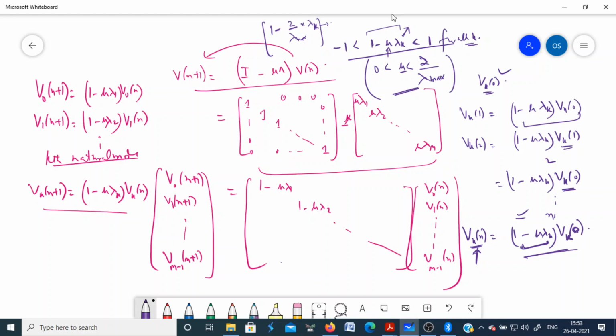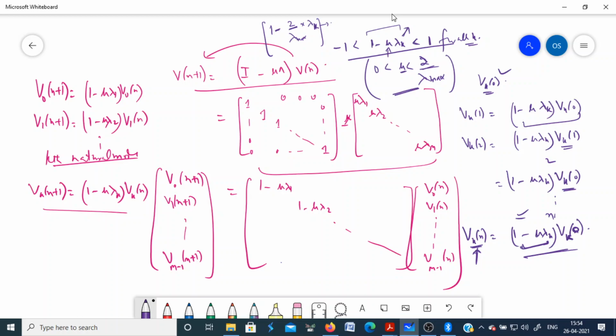So when mu is close to 0, this value is close to 1. When mu is close to 2 by lambda max, for lambda max this is the minimum value.